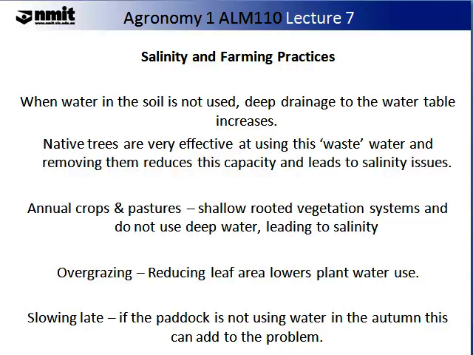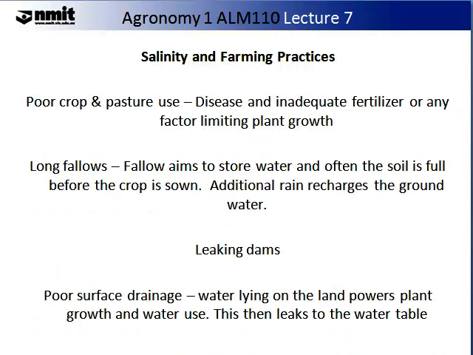Overgrazing can reduce leaf area and lowers plant water use. Sowing late can also make salinity problems worse, as if the paddock is not using the water in the autumn, this can again add to the problem. Disease and inadequate fertilizer, or any factor that limits plant growth, can also impact on salinity.